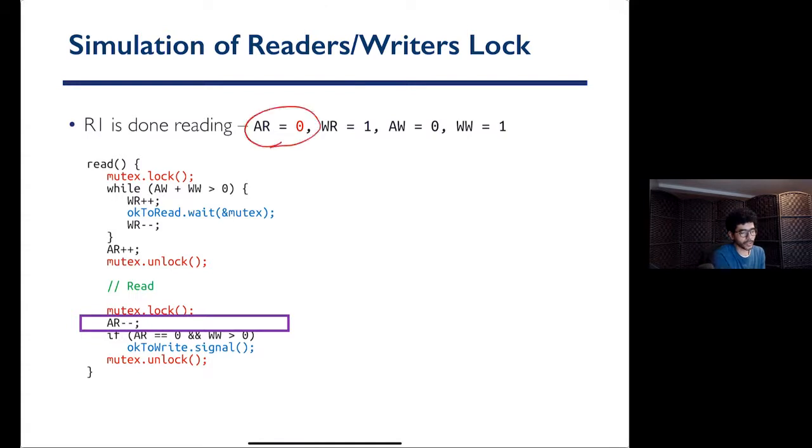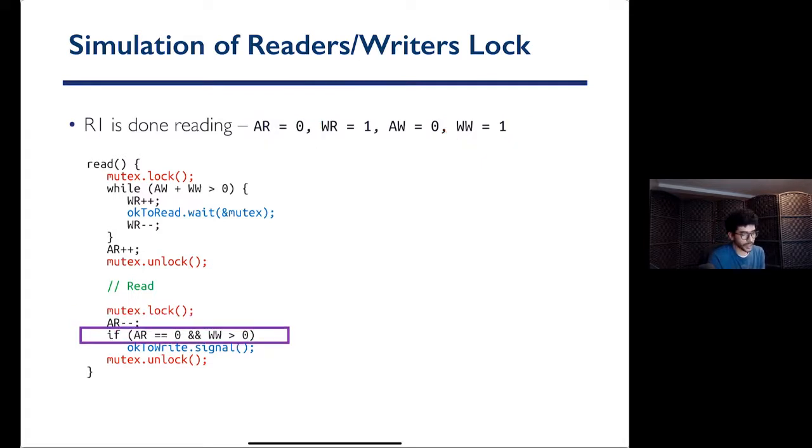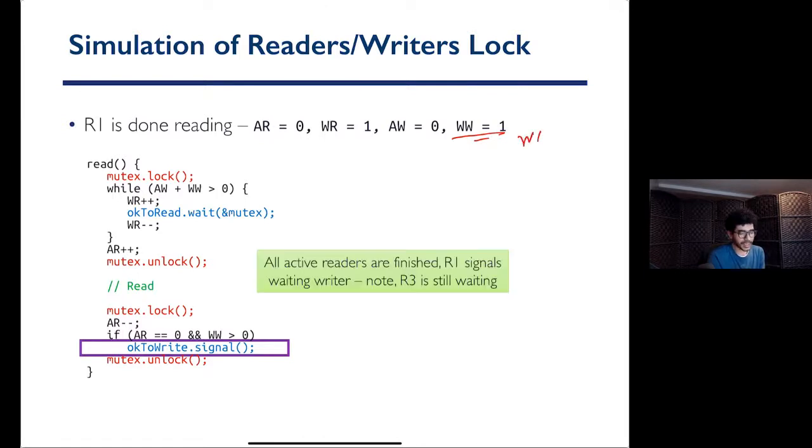Now AR is 0 and waiting writers is 1, so this condition is met. Then we send a signal to a writer. In this case, we only have W1 waiting. So we send a signal to W1 and make its state ready. The state of W1 was waiting, and now it changes to ready.